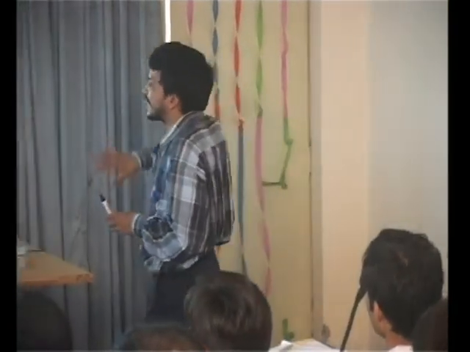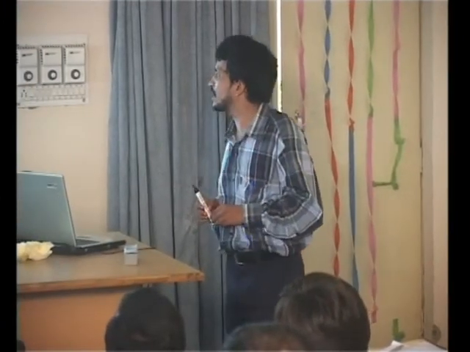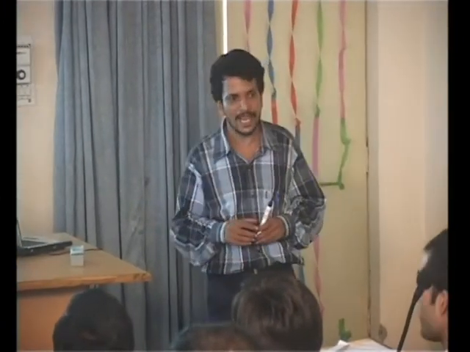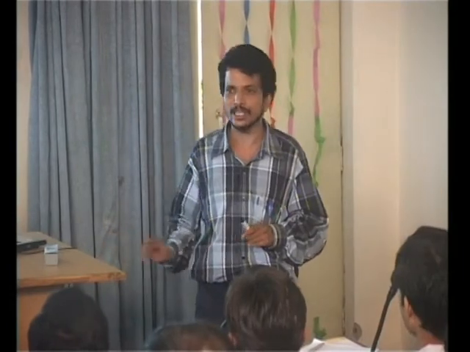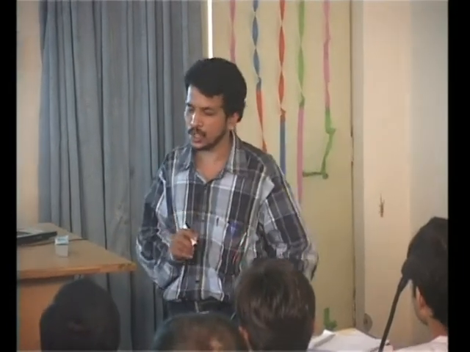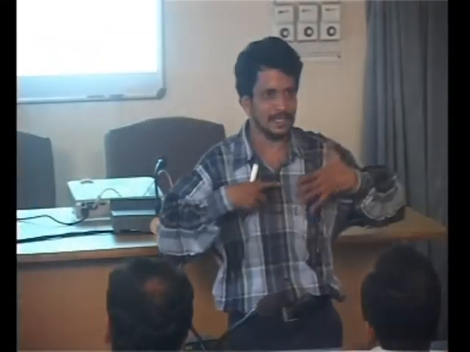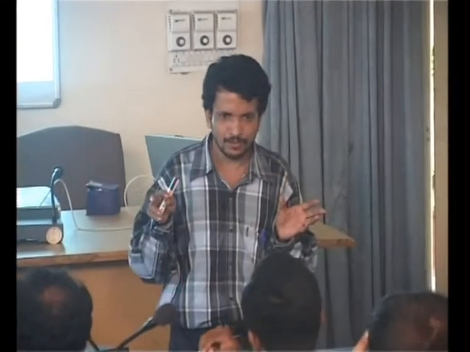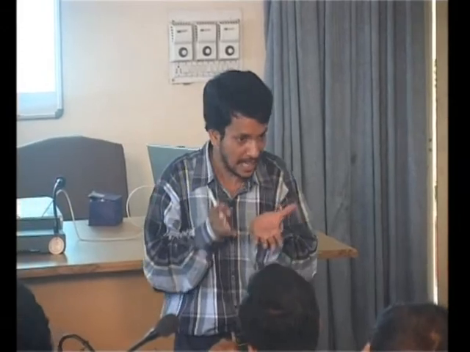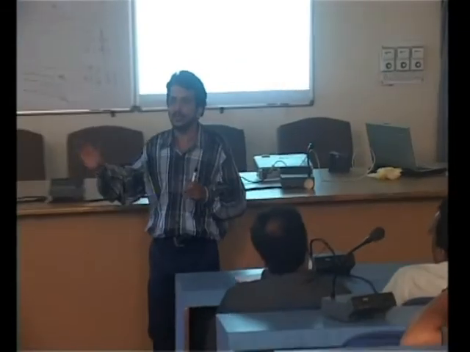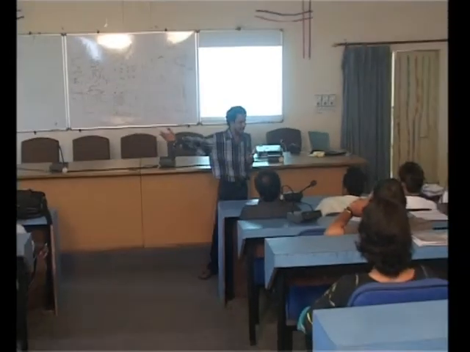In PSO, the balance between global and local search can be adjusted by the inertia weight. You will see in some papers they have analyzed C1 and C2. We have C1 into rand1, which takes into account the cognition factor, self P best minus position, and another C2 into rand2, which takes into account the global attractive factor.